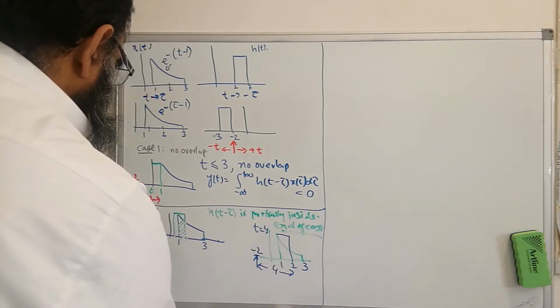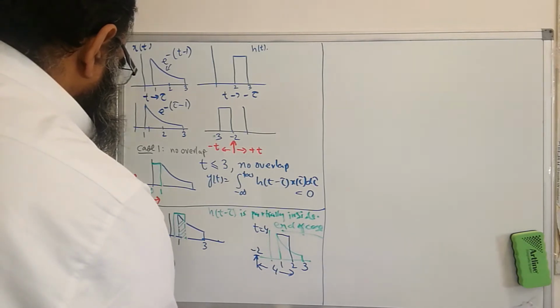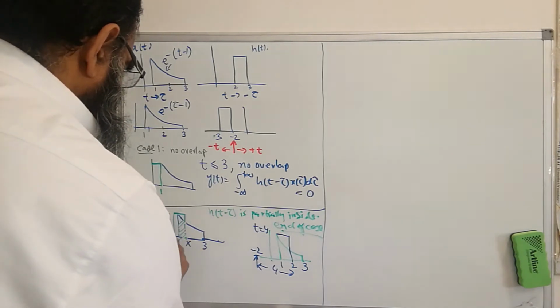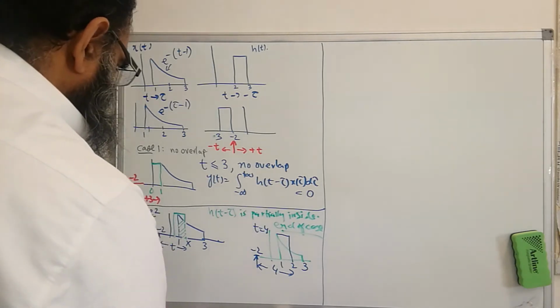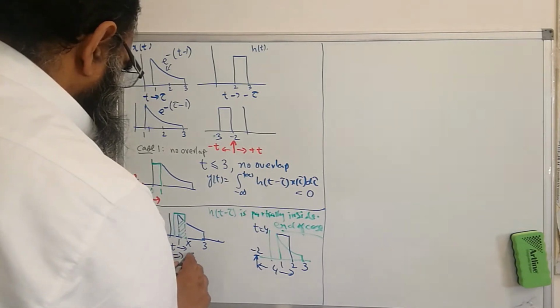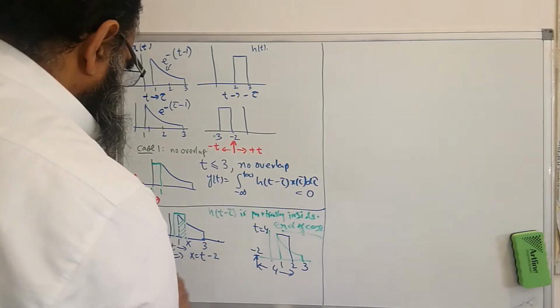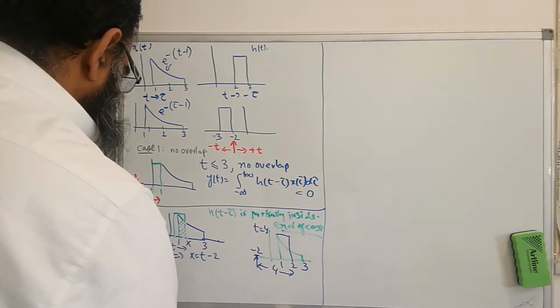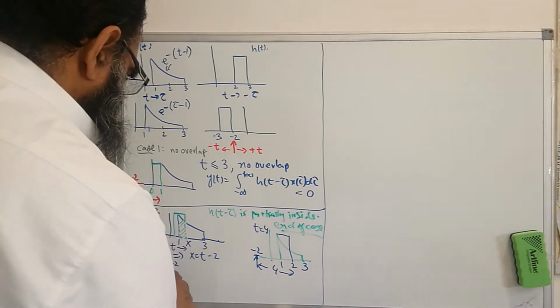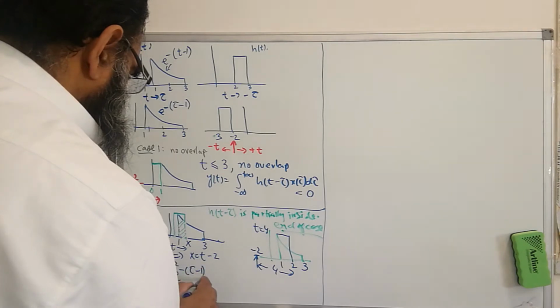So my case 2 will start from 3, and it will go all the way to 4, and this is my x point, this is again my reference. So this is my plus t because it is right of the reference. So I can write x plus 2 equal to t, and x equal to t minus 2. So now my integral will be y of t equal to the integral from 1 to x, and x is t minus 2, of e raised to the power minus tau minus 1 d tau.